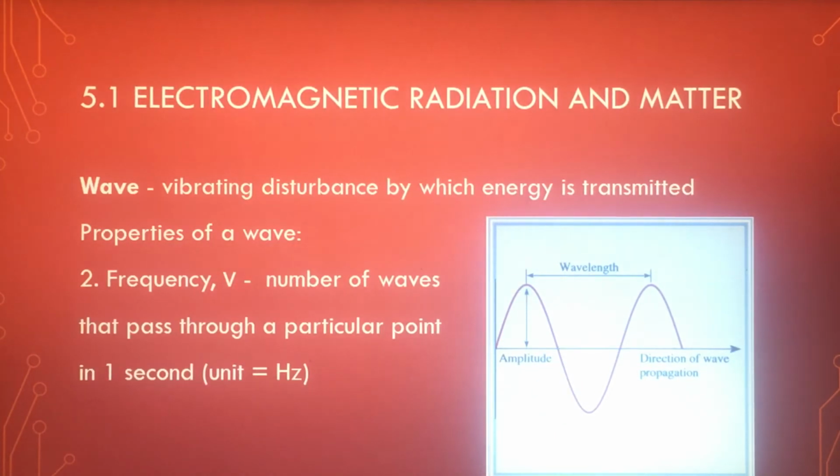For example, there are 5 waves that pass through that point. Then we have 5 cycles per second, or 5 per second, or 5 hertz. This is the unit for frequency.